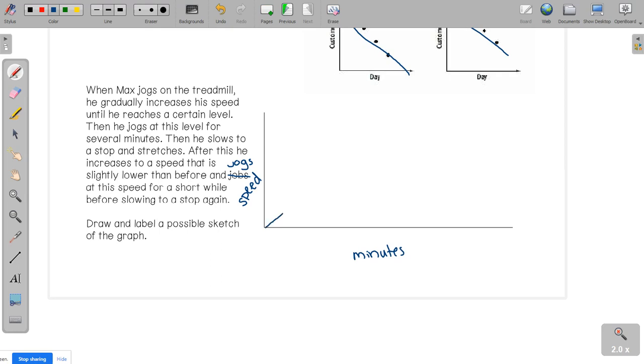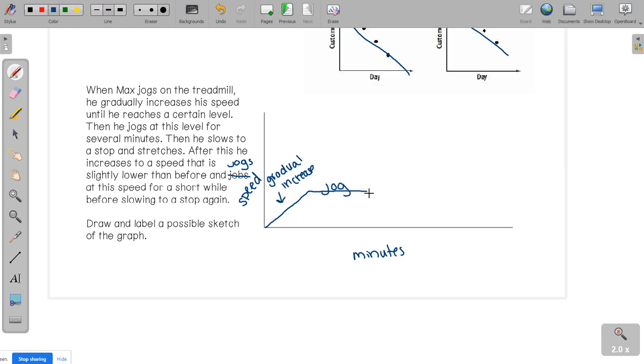So he gradually increases. Then it says he jogs at this level for several minutes. So he's at this level for several minutes jogging.